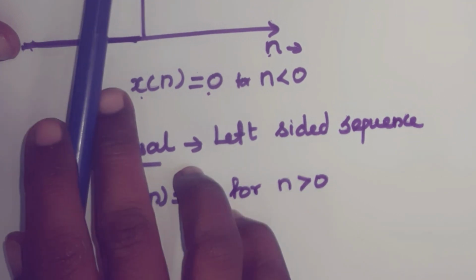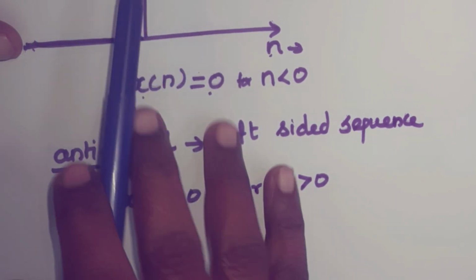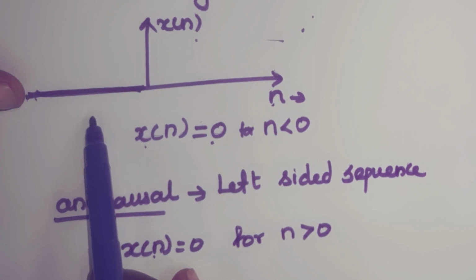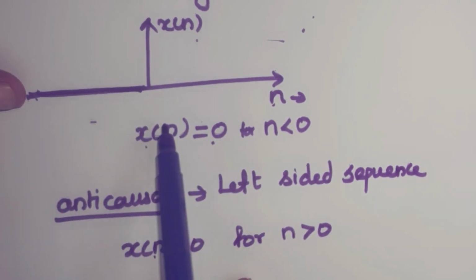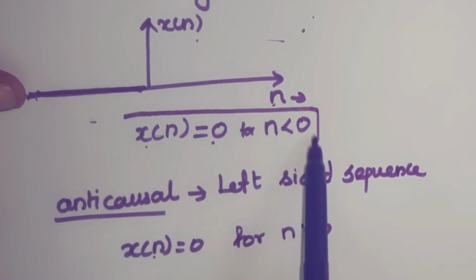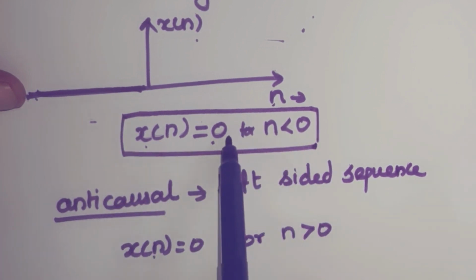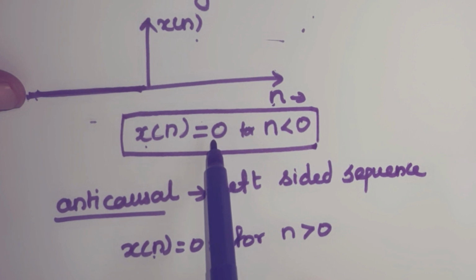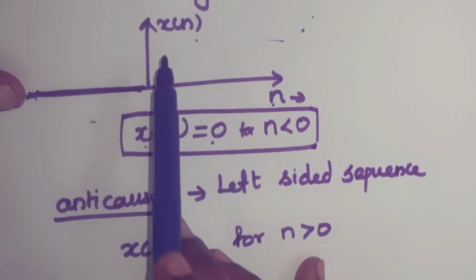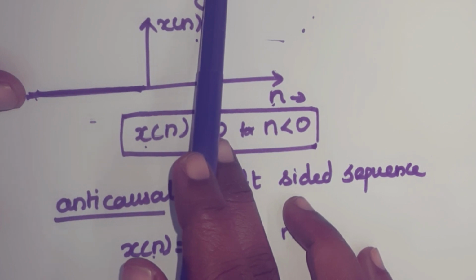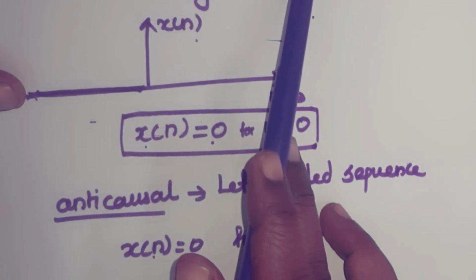So, for a causal signal, you get value only on the right side, and for negative values of n the signal value becomes 0. That is the condition: x of n is equal to 0 for n less than 0. If the condition is not satisfied, that means you get value on the negative side also, the signal is non-causal.